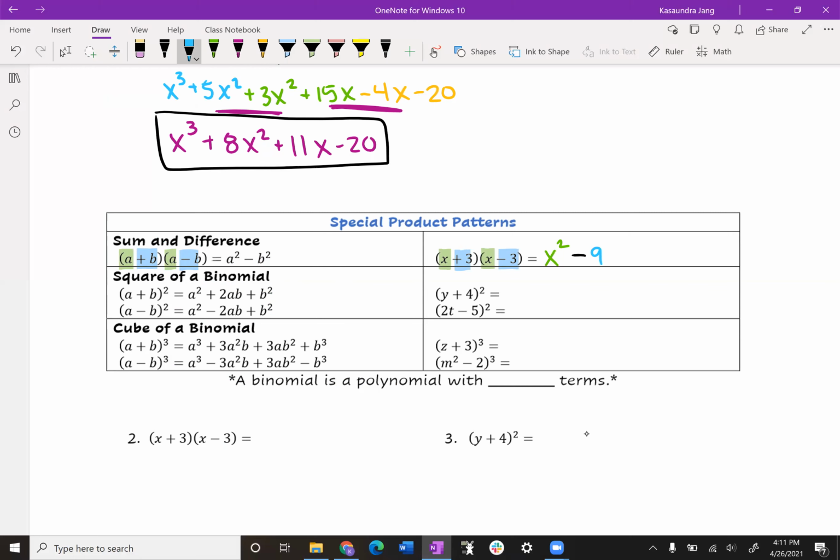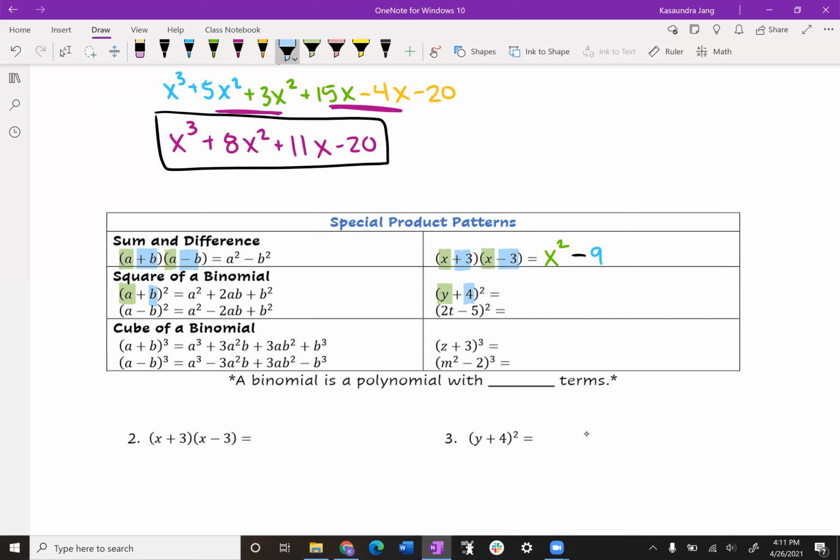All right, so the square of a binomial, meaning something squared. You got this whole 2 terms, binomial squared. Let's again treat this like I'm substituting, instead of a's, I've got like a y. And then instead of my b's, I think I have a 4.